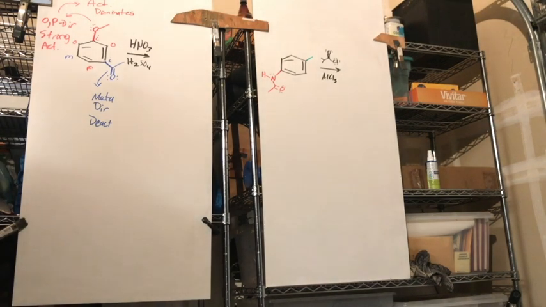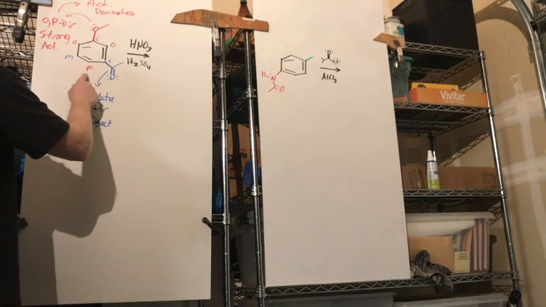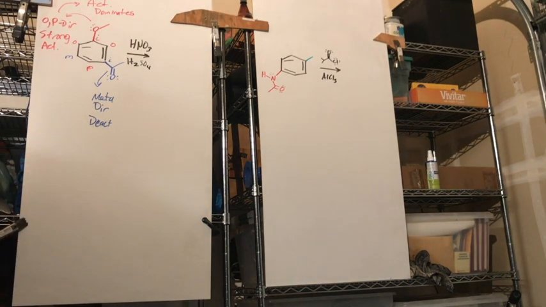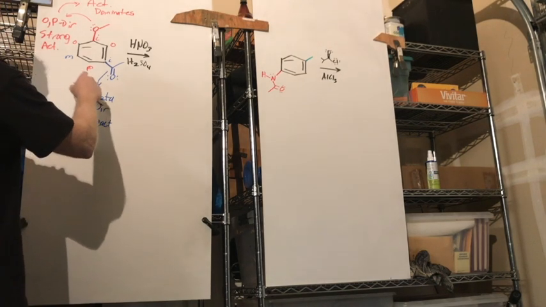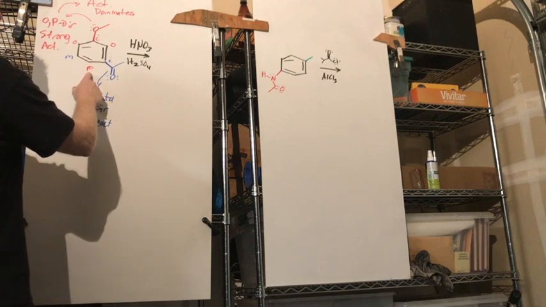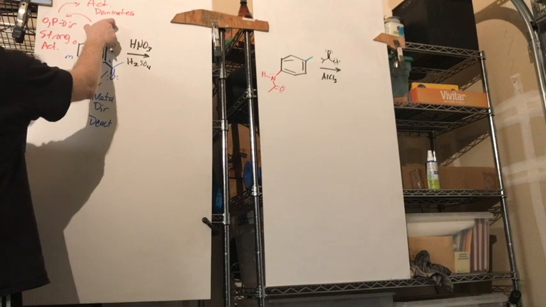So your major product for this one is either going to be ortho, para. Normally the para wins out, but there is steric hindrance issues too. So I'm going to say though, not easy to tell on these ones, but I'm going to guess para is going to win out because I think the steric hindrance of this group is similar to that.